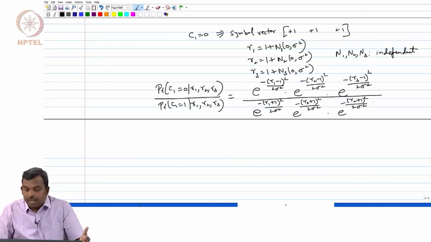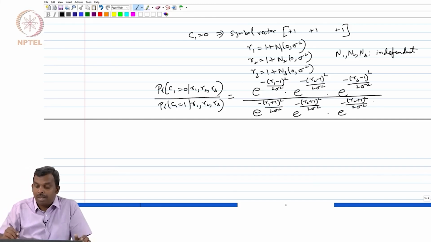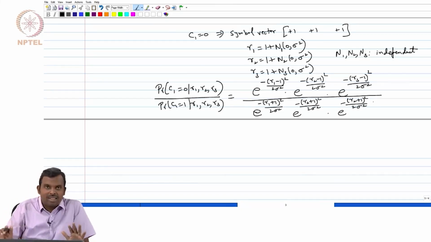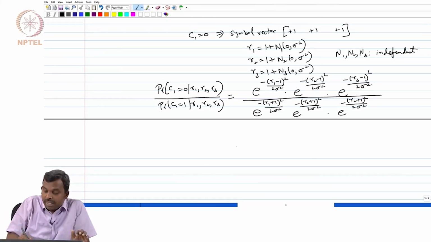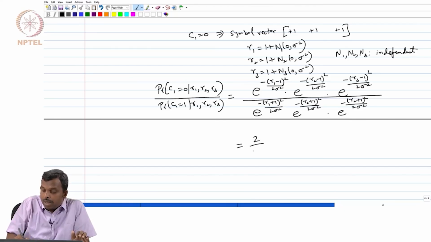So, notice what happened here, the way in which the code words are set up is quite important, that is why this happened. You can do a lot of simplification, cancelling, etc. Sorry, forgot the e power here.